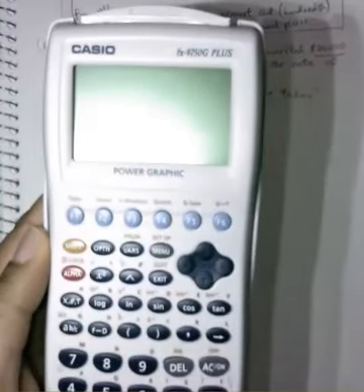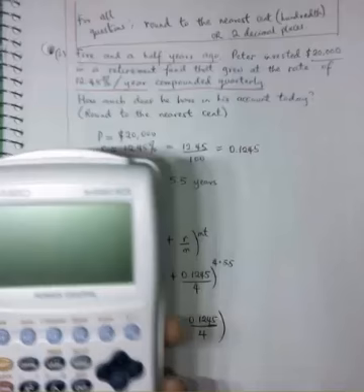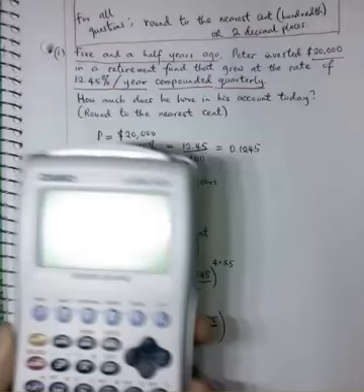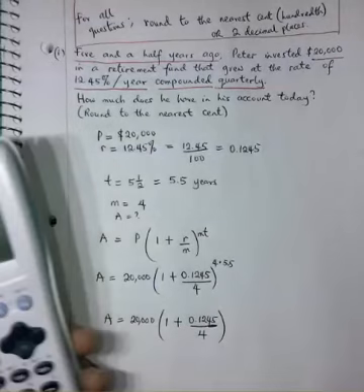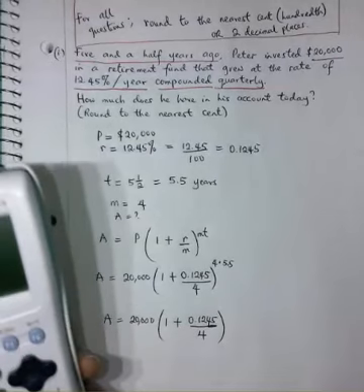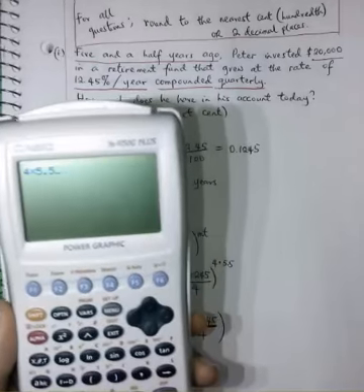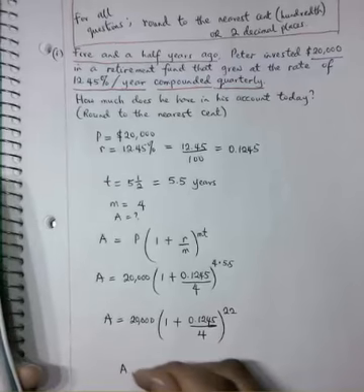I'm going to use this calculator like in those videos I did, and you'll see what I do right away. 4 times 5.5 gives us 22.